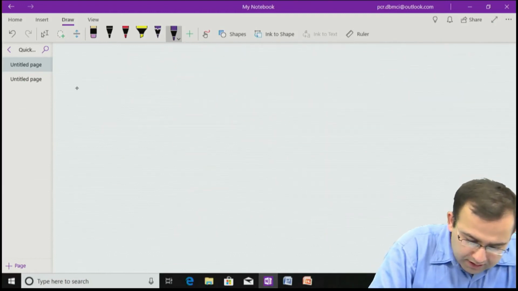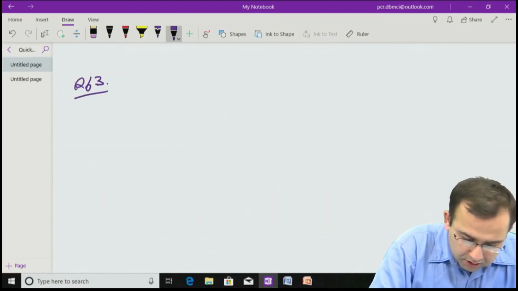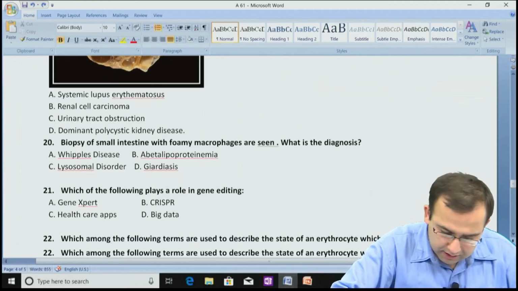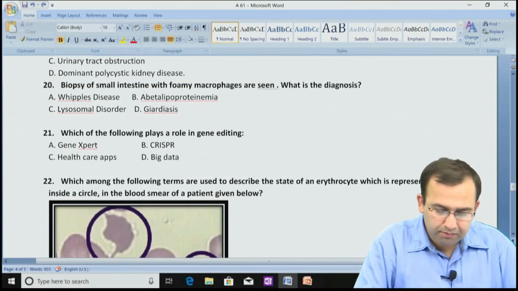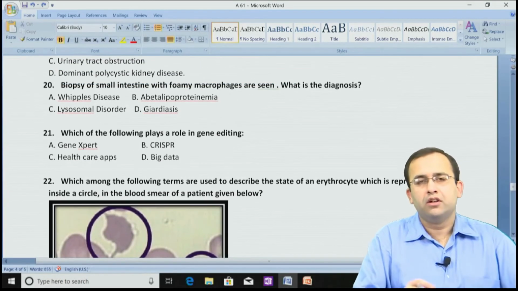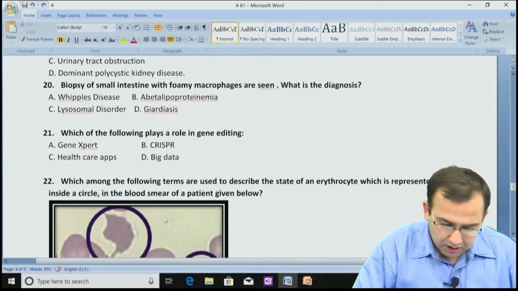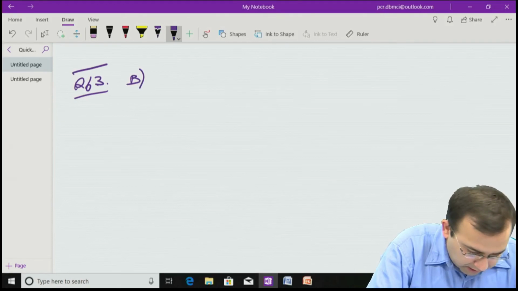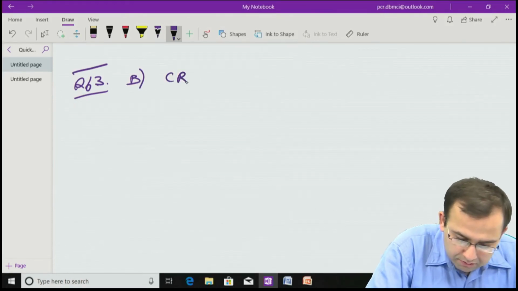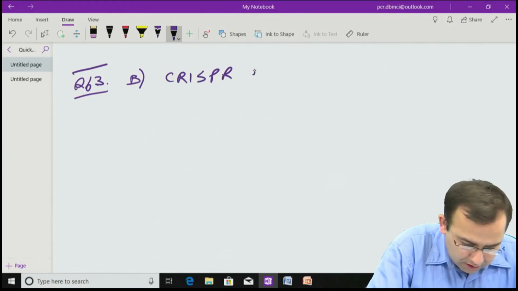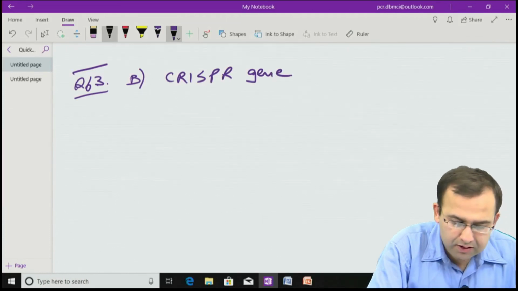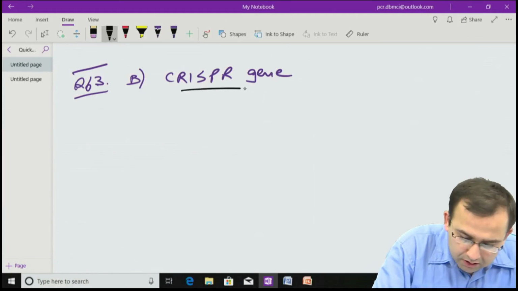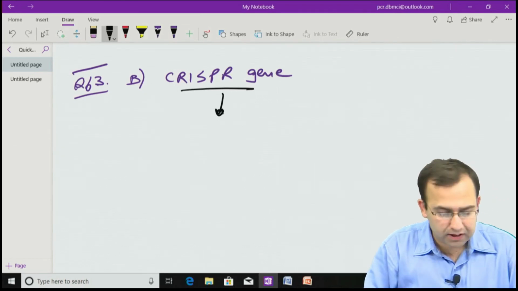Next, question 63. Which plays a role in gene editing? Gene editing, CRISPR gene. The answer is B, that is CRISPR. We have discussed this numerous times already.